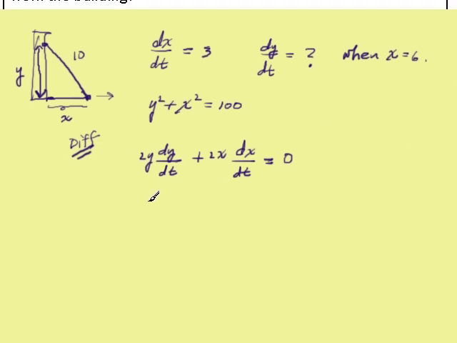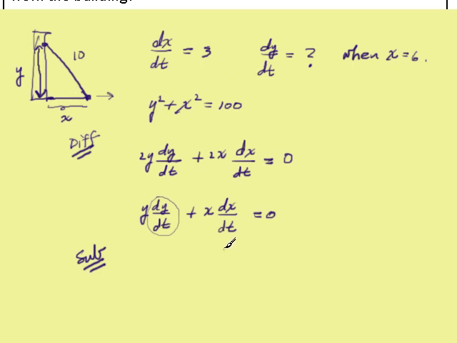Let's divide this whole thing by 2. y dy/dt plus x dx/dt is equal to 0. So now we're at the substitute step. All right, we want to find dy/dt, solve for dy/dt, when x is equal to 6, and we're told that dx/dt is equal to 3.